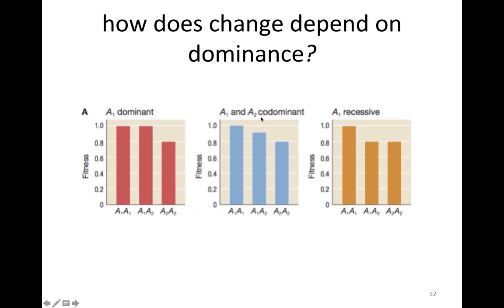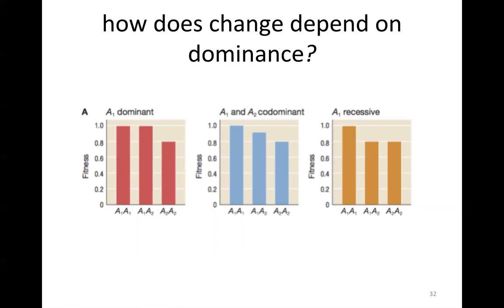We can also have the co-dominant situation, or actually, as we learned in third-year genetics, co-dominant is the situation where heterozygotes express both alleles, and intermediate dominance is the situation where heterozygotes express the phenotype in an intermediate state. So intermediate dominance would be a more correct term to use here. If heterozygotes have intermediate fitness, then you can potentially have a different response.